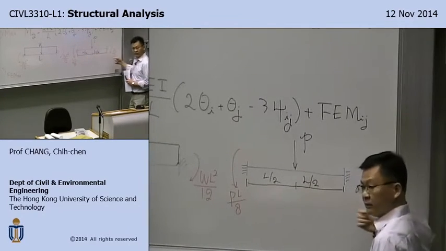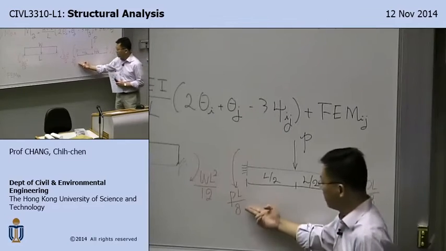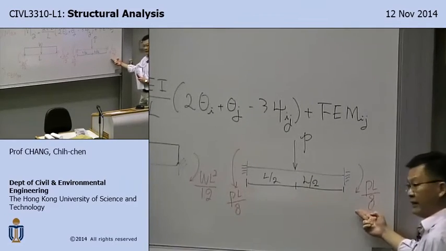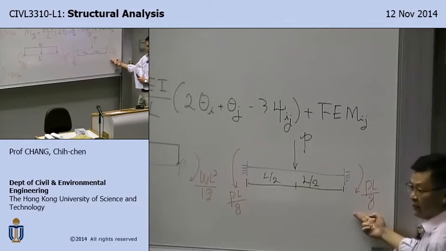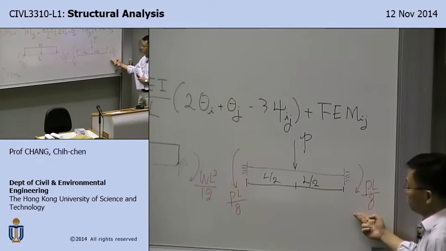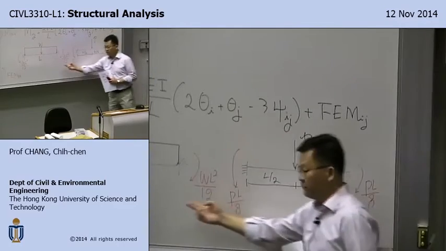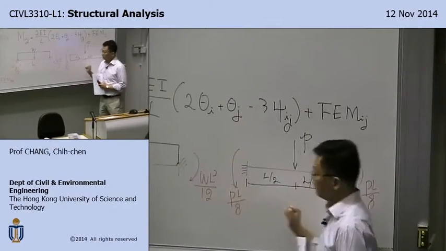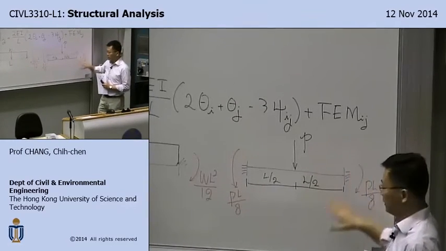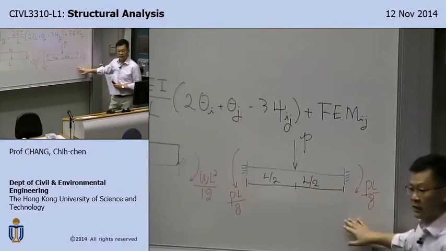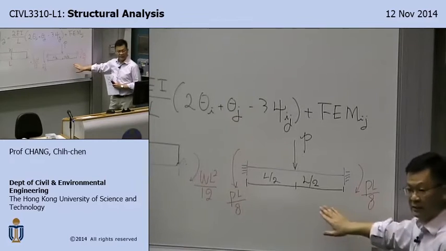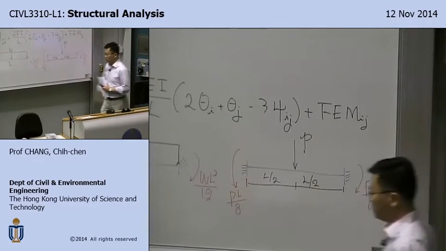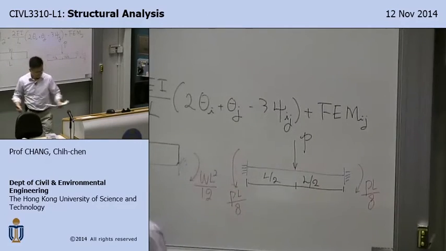PL over 8. So as a result, the fixed end moment will be positive PL over 8, and on the other end will be negative PL over 8. So in an exam, if I give you these two loading conditions, I will not give you any table. If I give you other loading conditions, then I'll provide a table for you. Is that clear? Good? So remember these two cases.